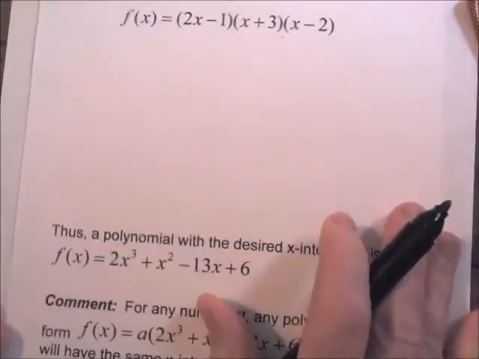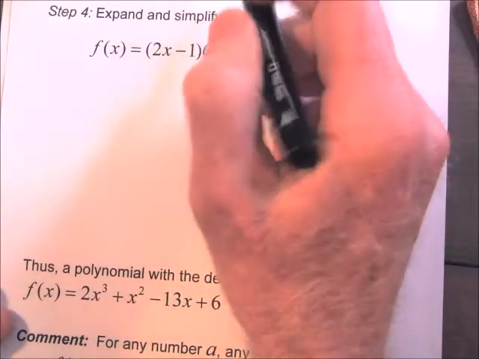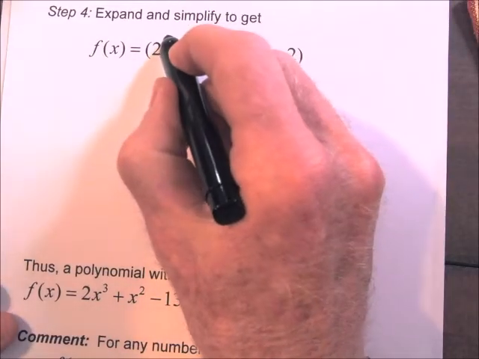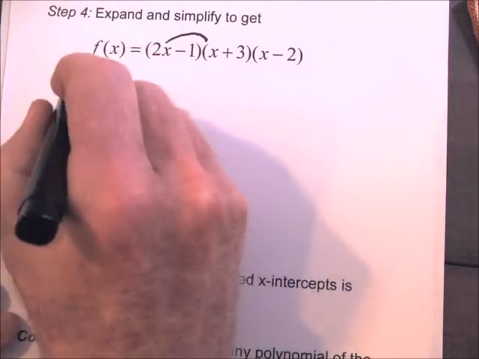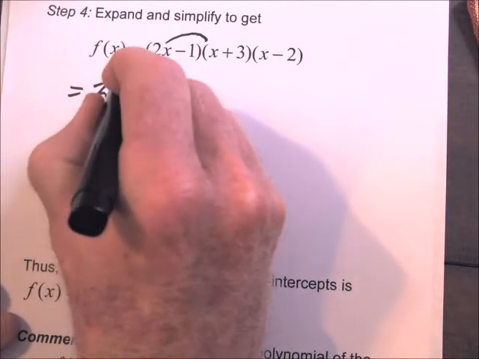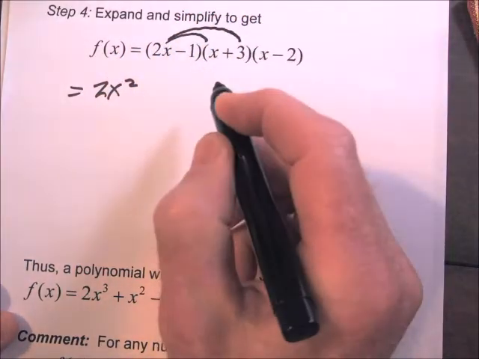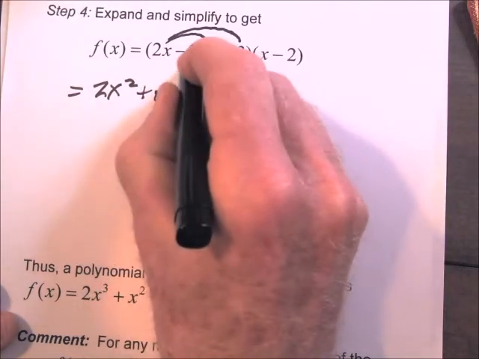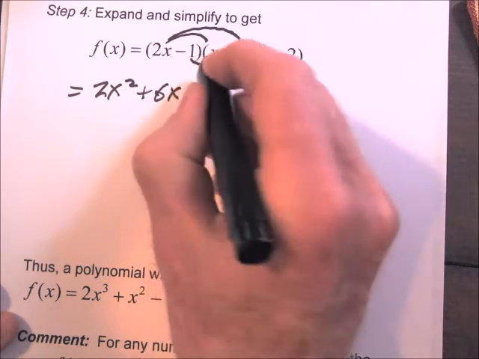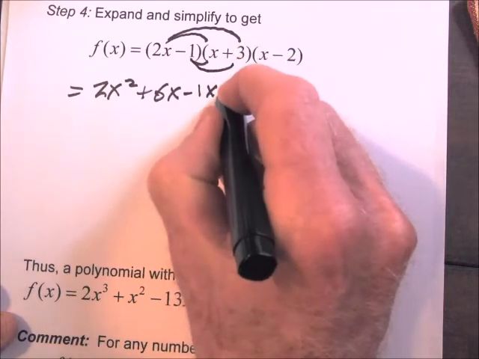Okay, so we can expand that and simplify a little bit. We can use the FOIL method here to expand these. First times first, 2x times x is 2x squared, and then the outer, 2x times 3, is plus 6x, and then the inner product, minus 1 times x, minus 1x, and last times last is minus 3.